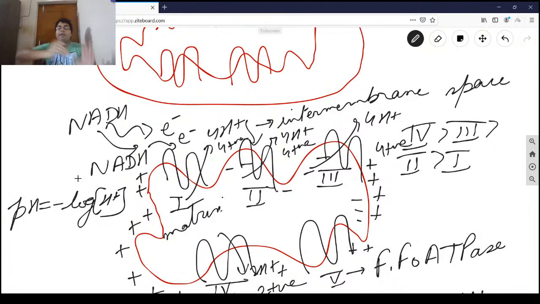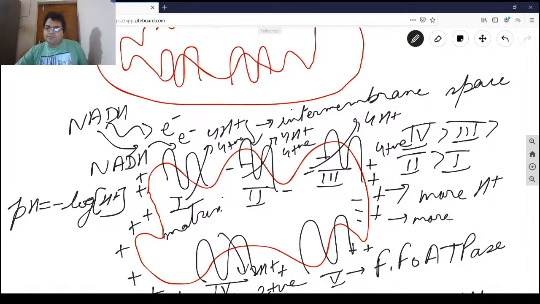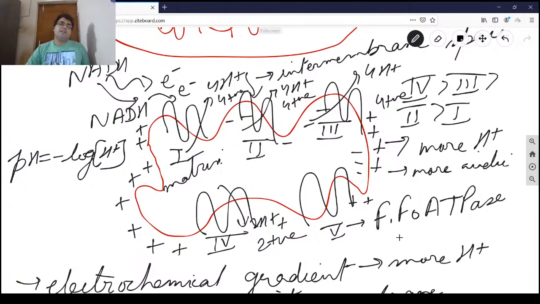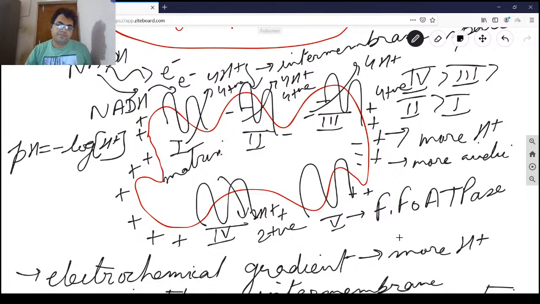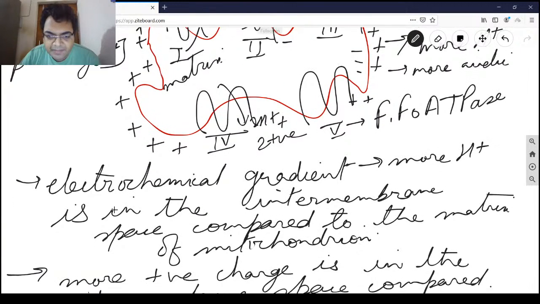More H plus, lower the pH, more the acidity. Lesser H plus, higher the pH, lower the acidity, higher the alkalinity or basicity, right? So where will we see more acidity? We will see more acidity in the intermembrane space, because we have more H plus there.